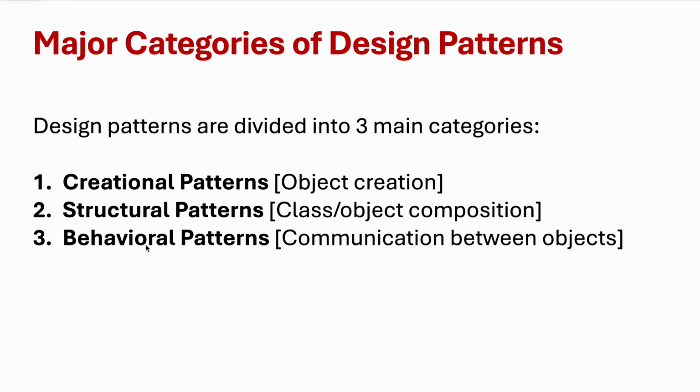Now, system design patterns are divided into three main categories: creational, structural, and behavioral. When we are building software, we are mainly dealing with objects.